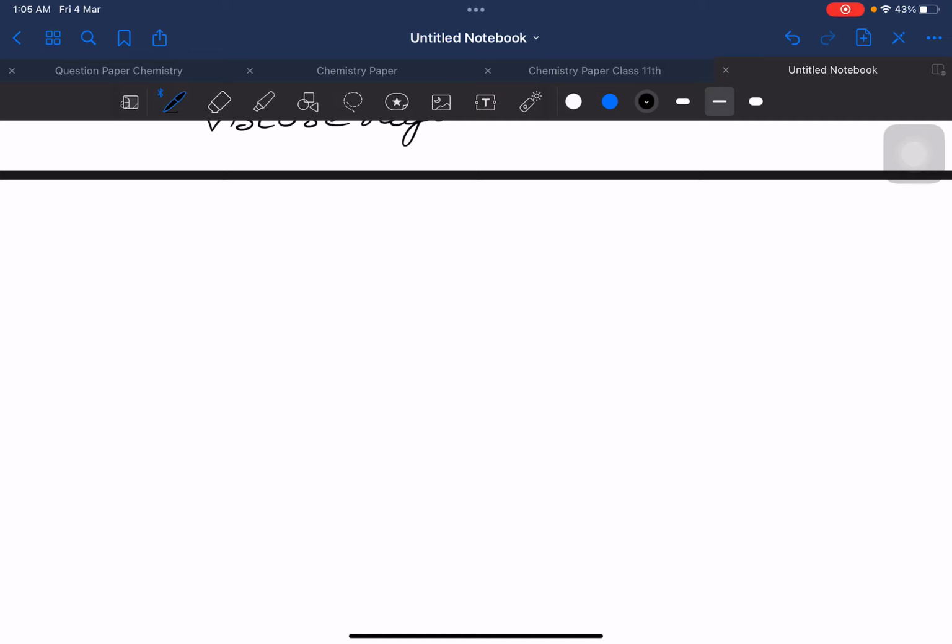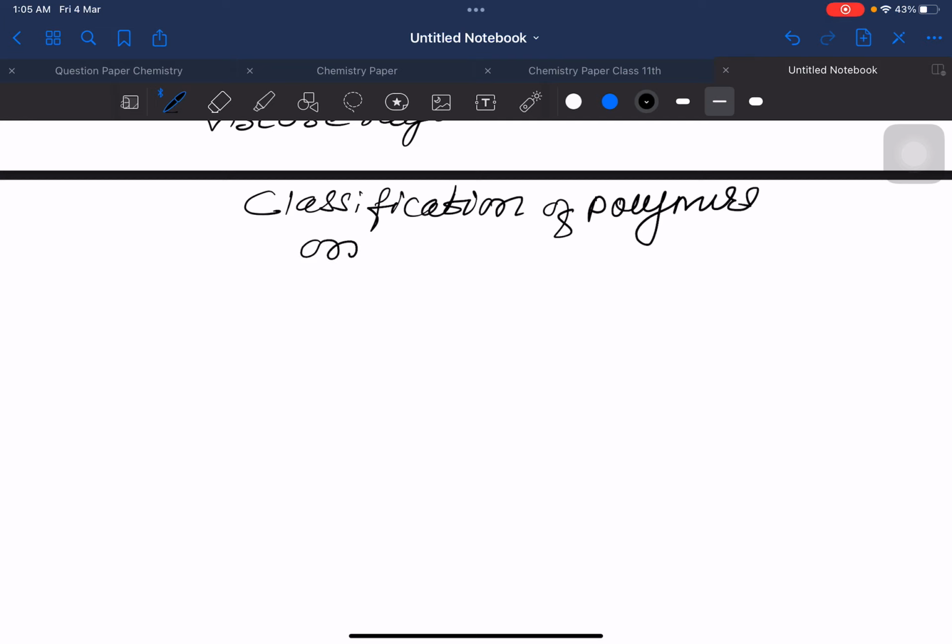Classification of polymers on the basis of structure.